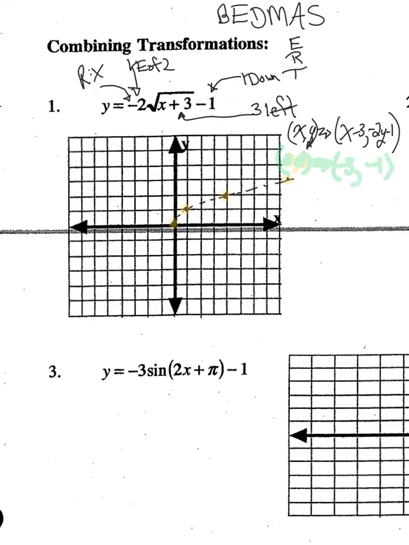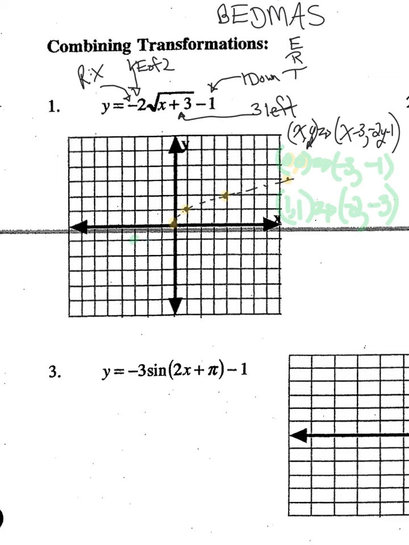So it's going to go over here to the point negative 3, negative 1. And then the point 1, 1 is going to transform over to 1 minus 3, and 1 times negative 2 is negative 2, minus 1 gives me negative 3.